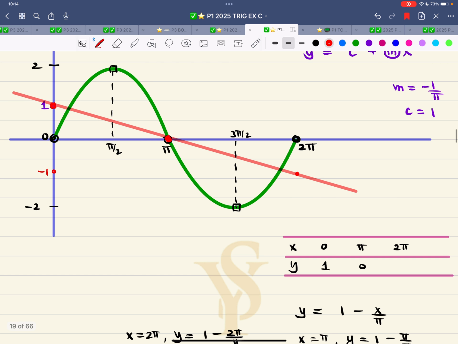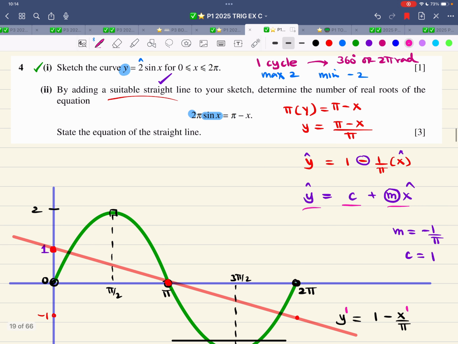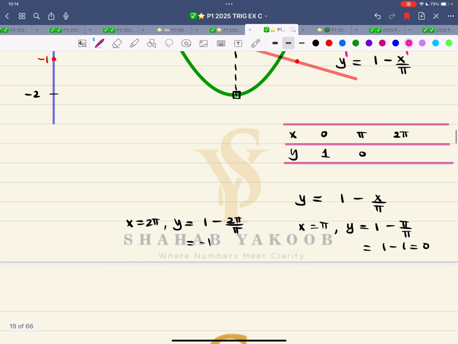So therefore, I get this line, y equals 1 minus x over pi, and that is a straight line. And also remember, the power of x is 1 in the numerator. That means it's a straight line. It fulfills the criteria, y equals mx plus c. Now they are asking for the number of real roots. So remember these words that I'm going to say right now.